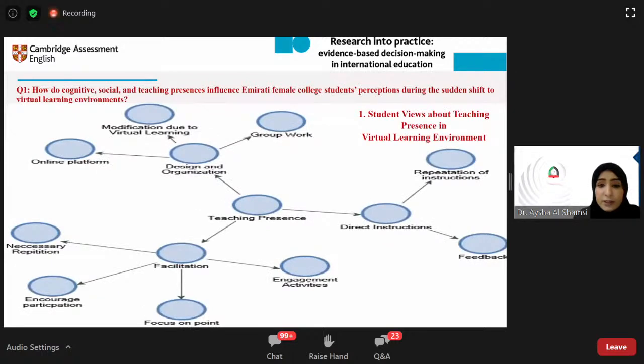To answer the first question, of course, the data analysis, because it is qualitative research, was completed using the NVivo software. For the first question about the students' perceptions, and the challenges for the second question as well, major themes emerged under the teaching presence.